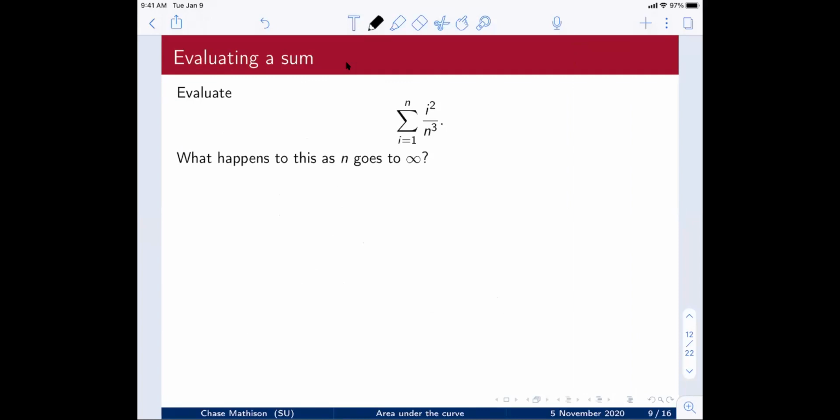All right, so again, when we're looking at these, we want to ask ourselves what's changing in this sum. Or a better question is, what isn't changing in the sum?